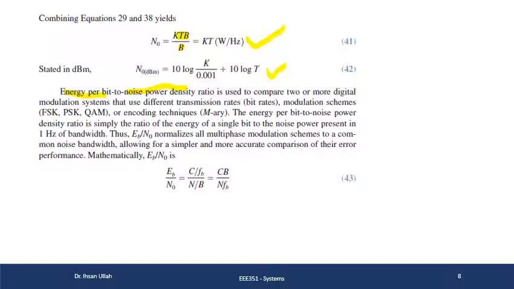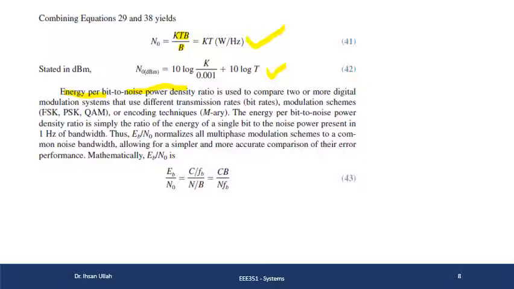The energy per bit to noise power density ratio is simply the ratio of energy of a signal to the noise power present in 1 Hz of bandwidth. So EB by N naught normalizes all the multi-phase modulation schemes to a common noise bandwidth, thus allowing a simpler and more accurate comparison of their error performance.